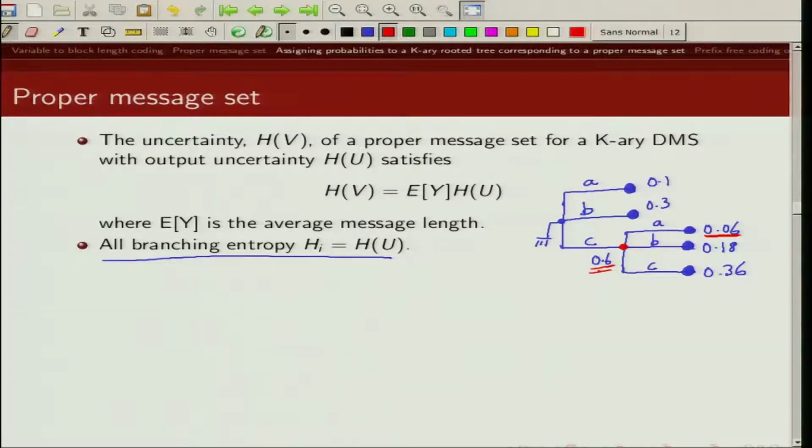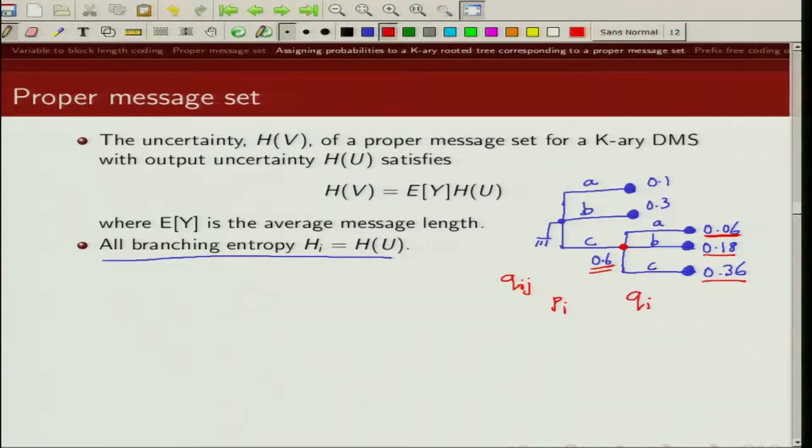If we use the notation we used earlier, we used Qij to denote these probabilities, and Pi to denote the probability of the node.